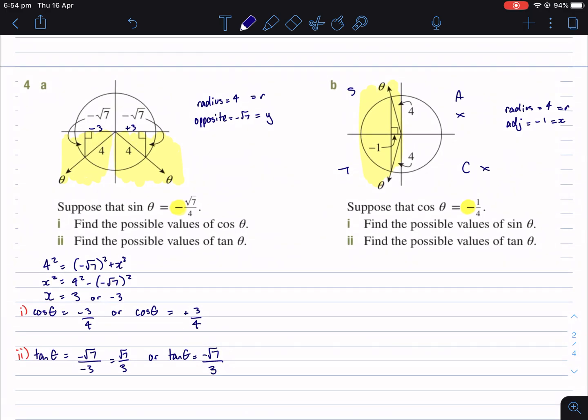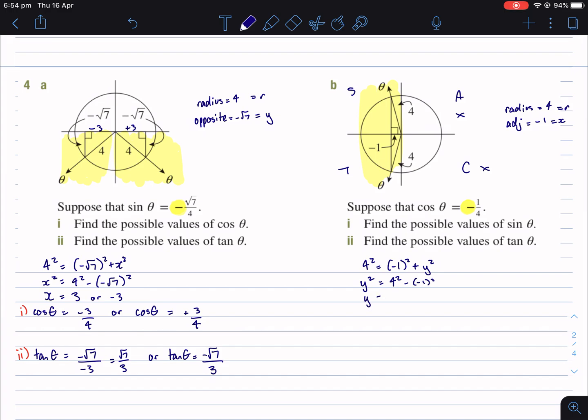So we know 4 squared equals negative 1 squared plus y squared, which means y squared equals 4 squared take negative 1 squared.